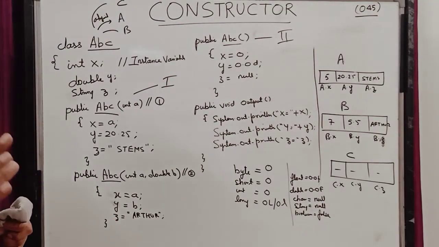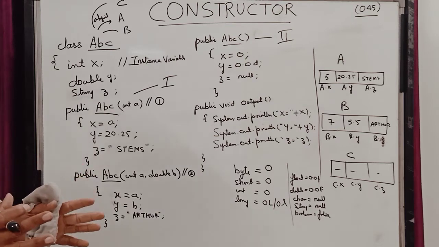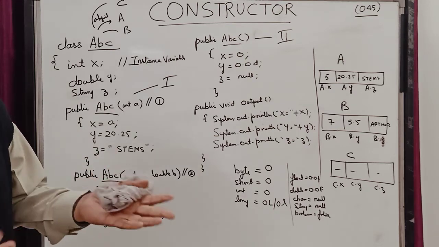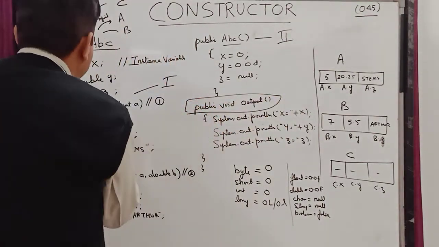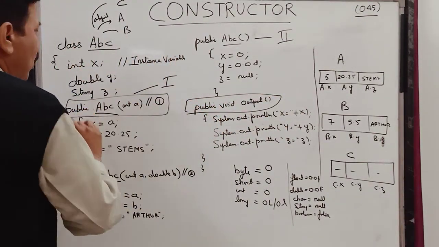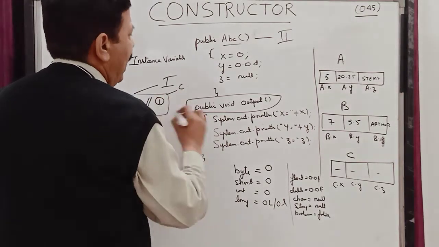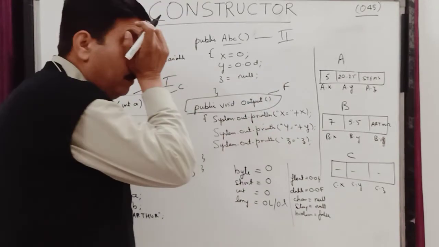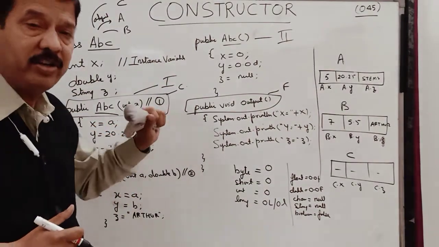Now children, one more thing which is always asked is, what is the difference between a constructor and a function? So this is my function and this is my constructor. By looking at these two, I can make out a difference. So differences are asked. What is the difference between a constructor and a function?